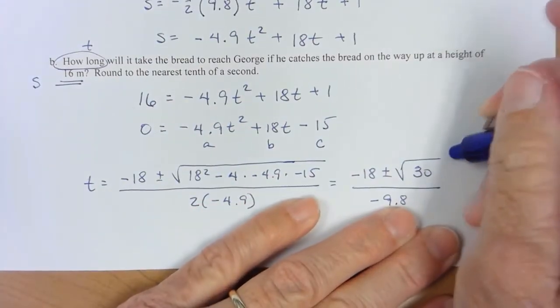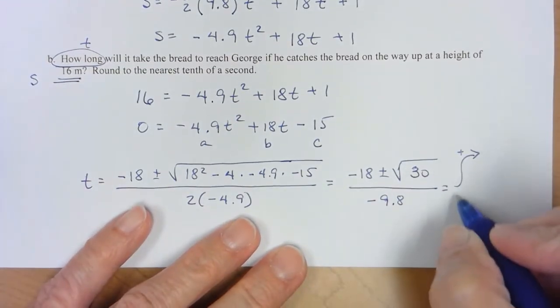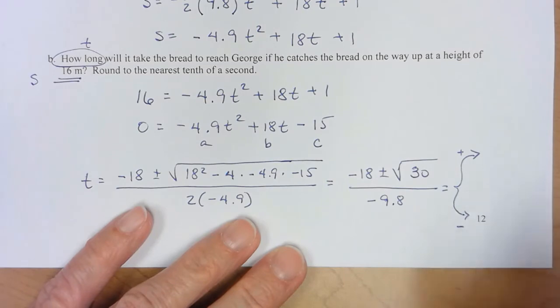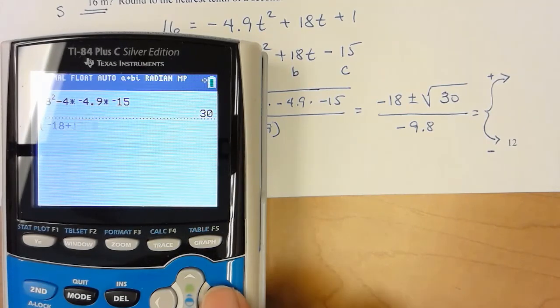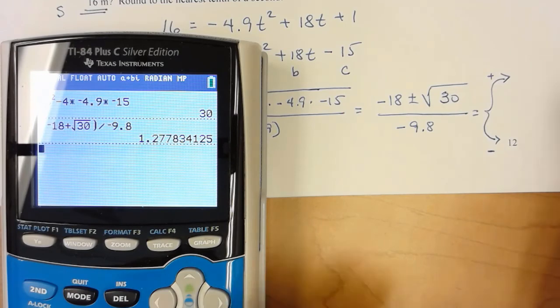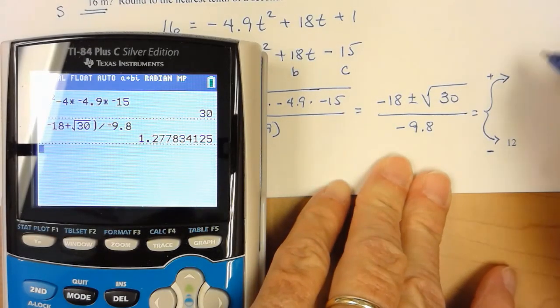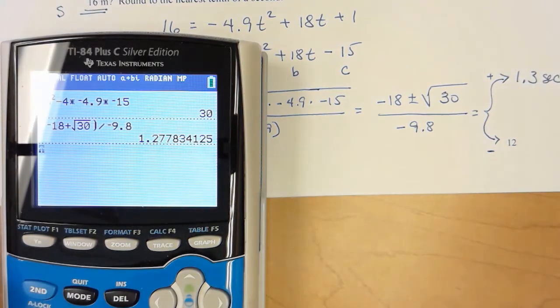It's a little bit long. So I'll do my upper route and I'll do my lower route. Parentheses, negative 18 plus square root of 30, divided by negative 9.8. To the nearest tenth of a second, it would be 1.3. Let me go the minus route.